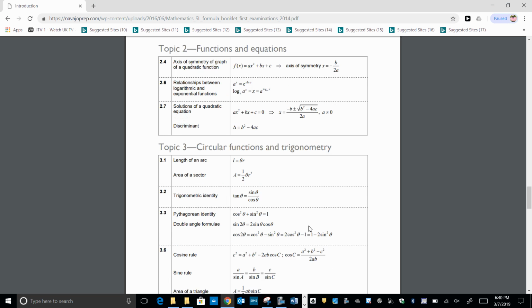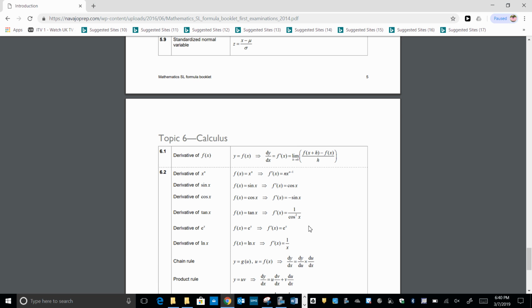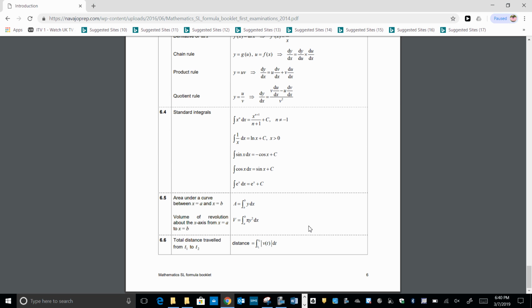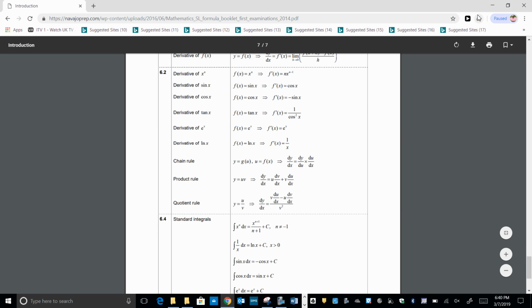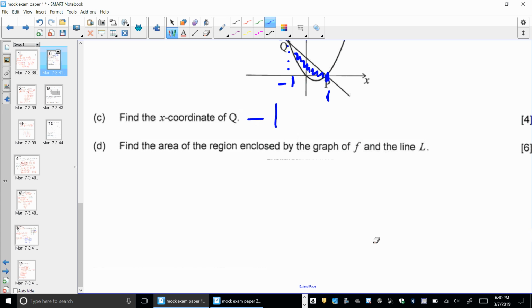I don't think it is in the formula booklet, is it? Just trying to remember. No, it doesn't. You do need to remember which way around it goes. Now, the fact that this line is on top means that's the one we start off with. So it's the integral of, what's the equation of that? -x plus 1.